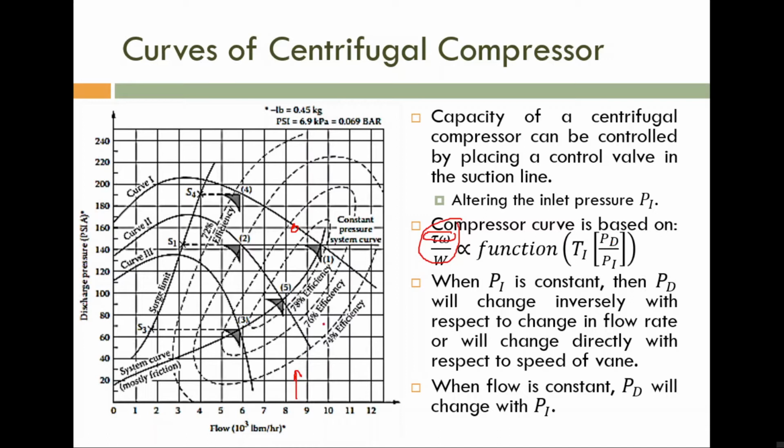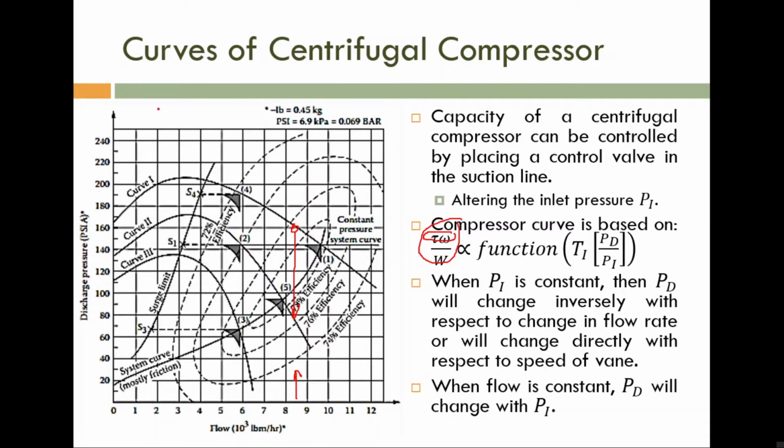If there is a decrease in suction pressure, the discharge pressure will definitely decrease to the lower curve. But please note, at a particular flow rate, if all other parameters are constant, then the compressor ratio is constant, meaning Pd by Pi is constant.